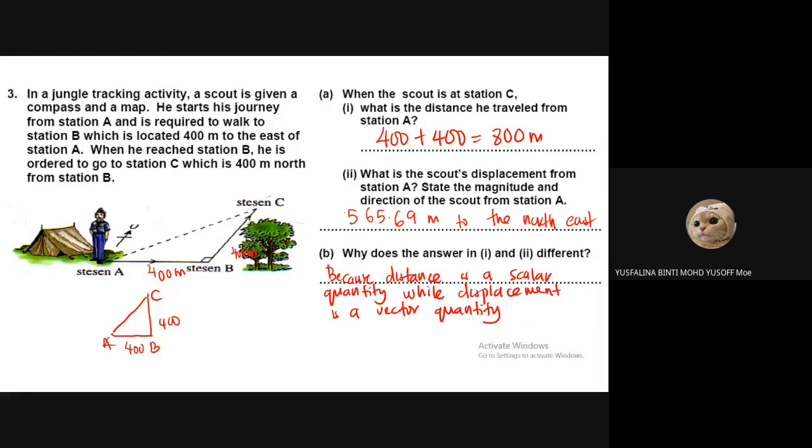So if you put that distance is the total length and displacement is the shortest distance, that one can still be acceptable, because now it's not going from A to B only, it travels until C. You only mentioned until B, so you have to put until C. If you put the meaning of displacement, the shortest distance travelled in a certain direction, that can still be acceptable.